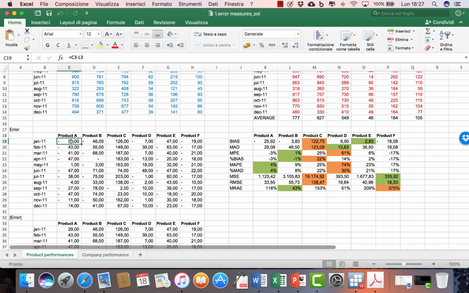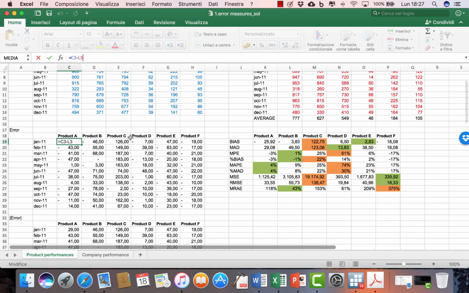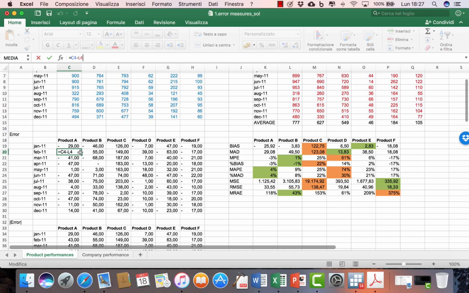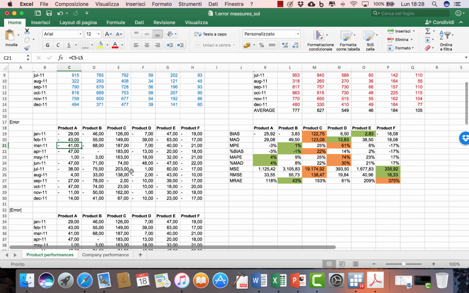The error for each product for each month is the difference between the forecast and the actual demand. So if you do this for every month per product, and for every product, then you have the value for everyone.